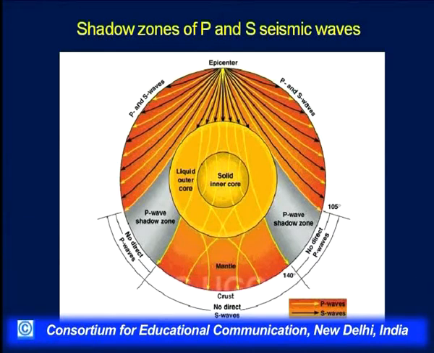Now we can see that when the waves intersect the boundary of the core, at that point they move inwards. Refraction is taking place at the interface of mantle and core, for the simple reason that the density has a striking difference at this point where the mantle stops and the core begins.